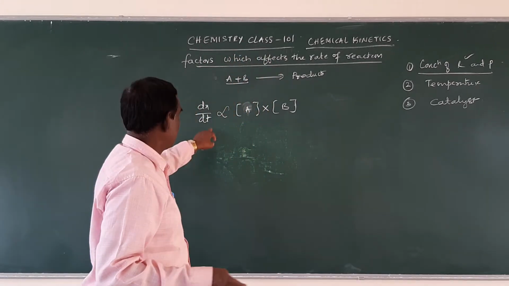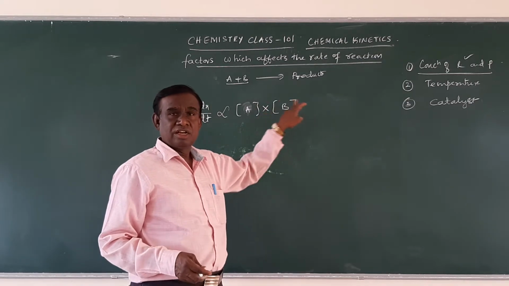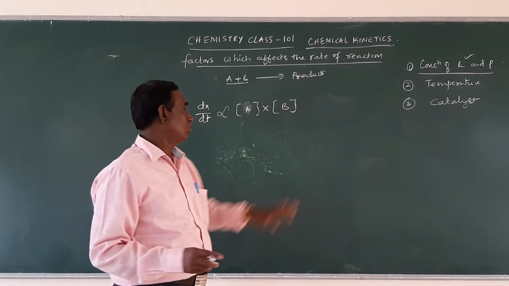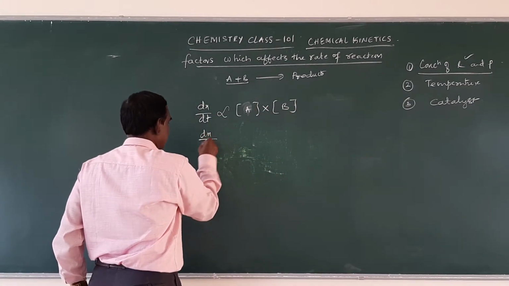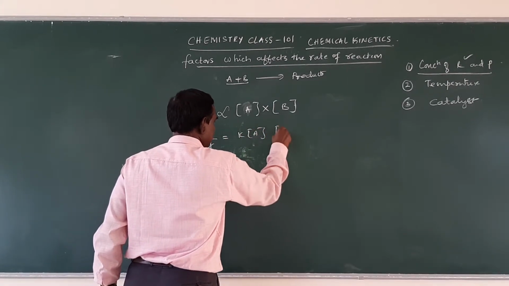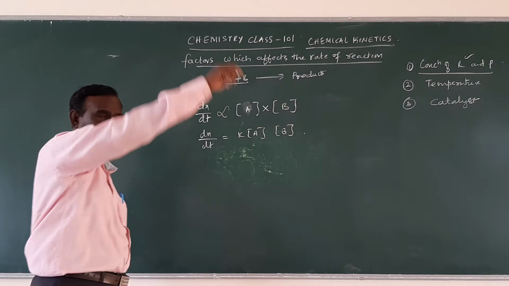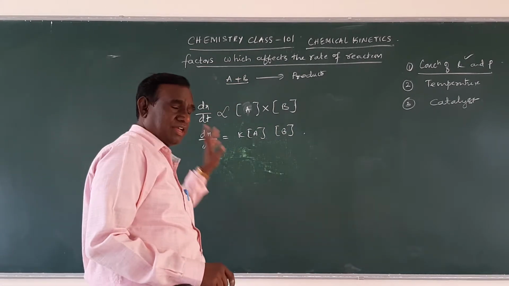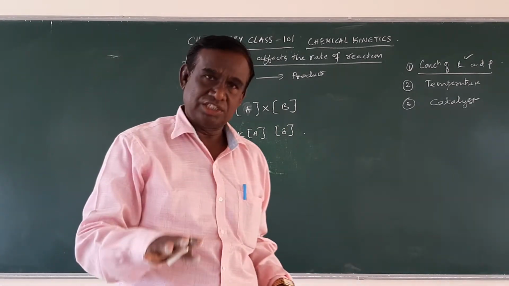That means the rate of reaction depends upon the concentration of the reactants. Therefore, dx by dt is equal to k into the concentration of A into the concentration of B. So the rate of a chemical reaction depends upon the concentration of the reactants.